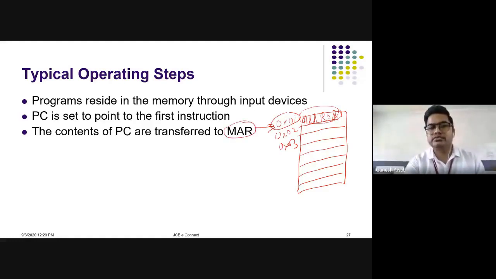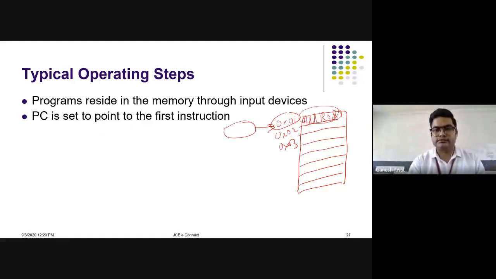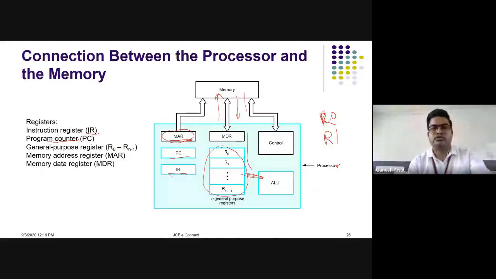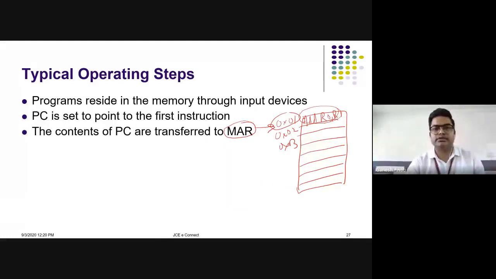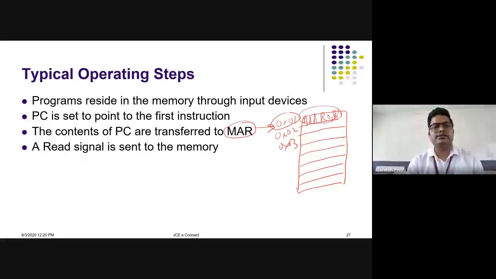The program counter says where the first instruction is, this address will be sent to MAR, and MAR will look into the memory. Yes or no? So the contents of PC are transferred to MAR. A read signal is sent to the memory, because these read signals are control signals. Because there has to be coordination.